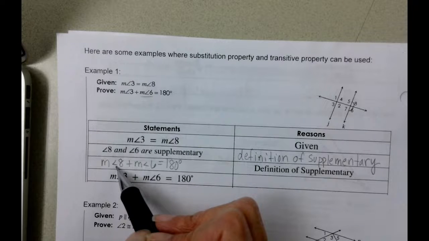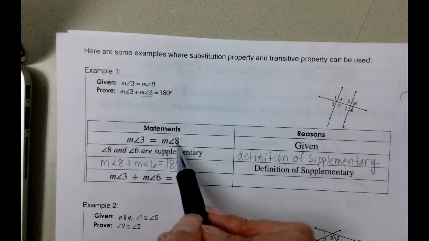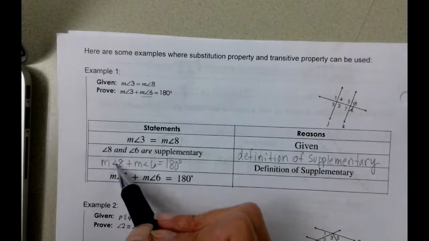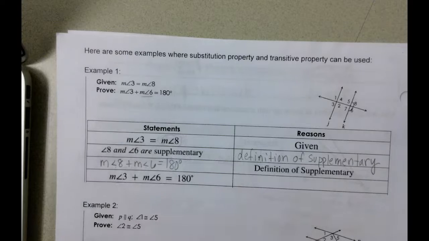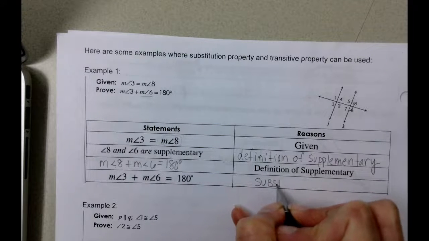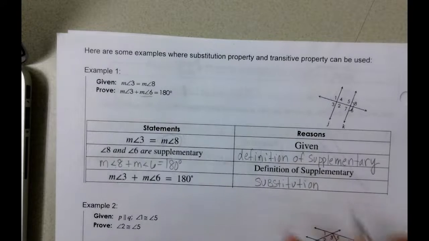So what happens here is that instead of writing the measure of angle 8, we're going to substitute in the measure of angle 3. So that's what happened, and that's going to be our reason here, the substitution.